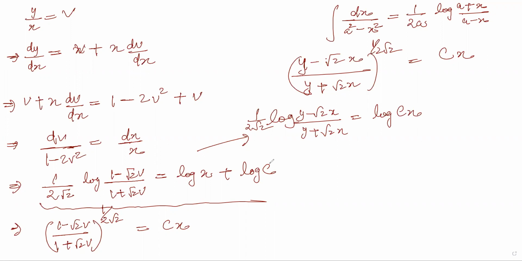This can be given in either form, or there may be any other expression as well, but all of them are correct. Just replace v with y by x in the final answer. First, form this v using the substitution and then replace back v with whatever the substitution is.